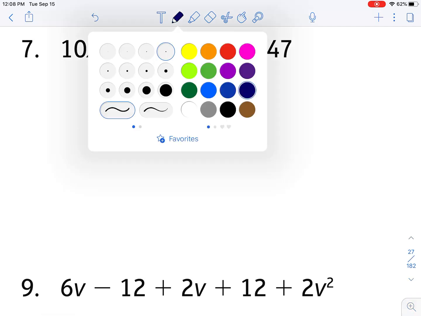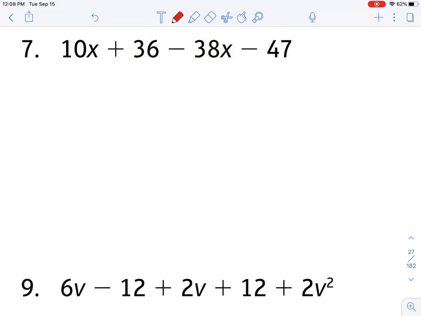Number 7. I have 10x and negative 38x, and then I have regular numbers. Negative 38 is bigger than 10, so it is going to be a negative answer. 38 is 28 more than 10, so that's how I get 10 minus 38 equals negative 28.